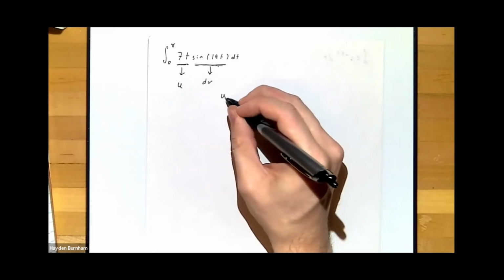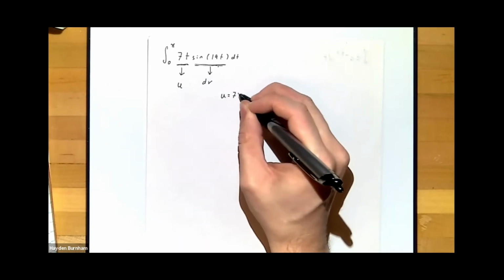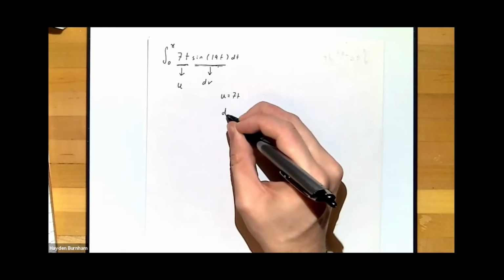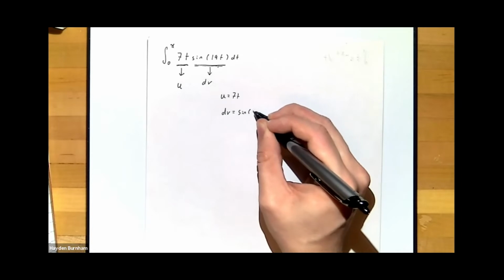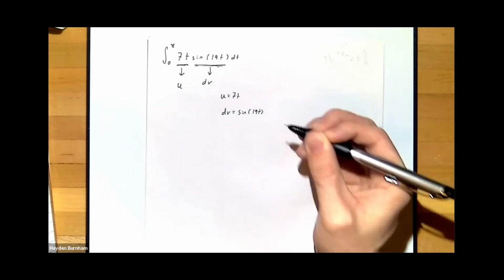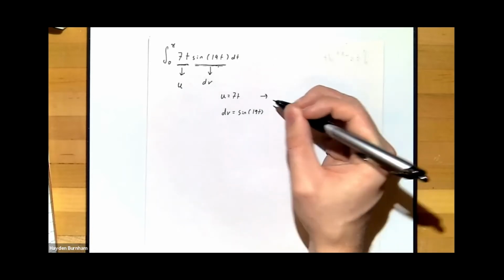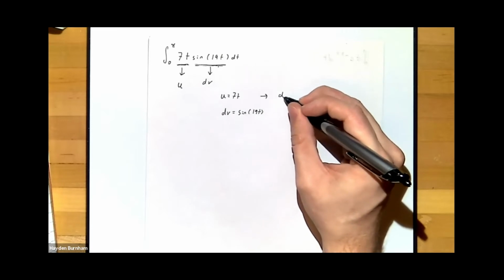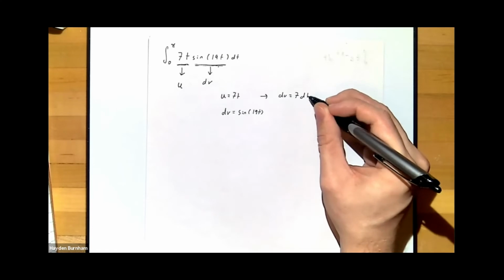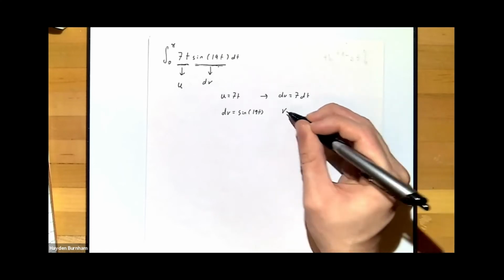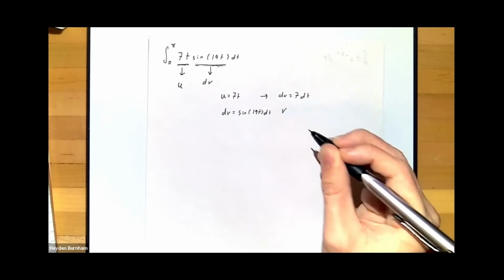So now that I know that u is going to be 7t and dv is going to be the sine of 19t, I just have to take the derivative. For du, it's just going to be 7 dt. For dv, there's a dt here as well.